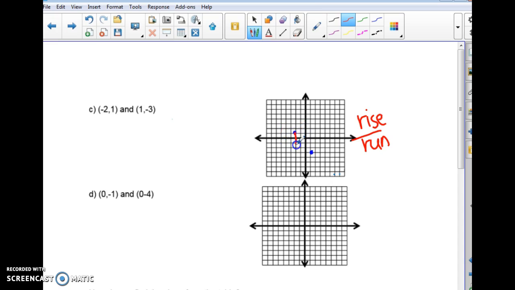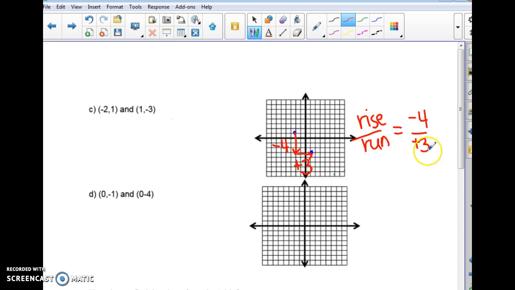Anytime we're going down, it's going to be negative. So you go down 4 units, and then you go across how many units? 3 units. Since we're going to the right side, it's going to be positive 3. So rise negative 4, you go down 4, and then go across 3.